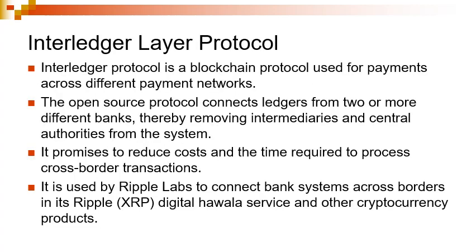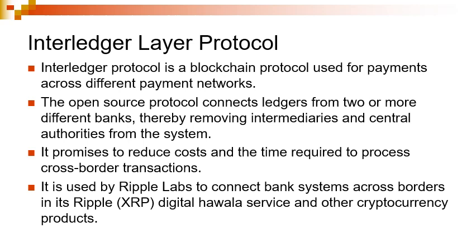And then there is one concept, the Interledger protocol. This Interledger protocol is a blockchain protocol used for payments across different payment networks. The open source protocol connects the ledgers of 2 or more banks.